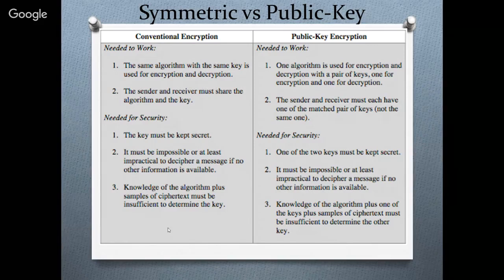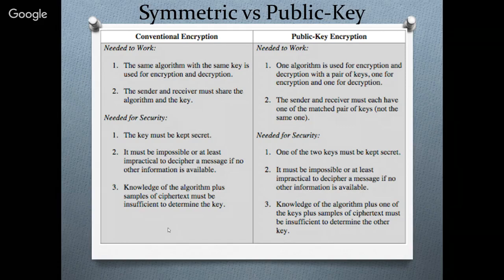One key is kept as a secret key, with which we find the ciphertext. And third, knowledge of the algorithm plus a sample of the ciphertext must be insufficient to determine the key. Whereas in public key encryption, knowledge of the algorithm plus one of the keys plus a sample of the ciphertext must be insufficient to determine the other key.